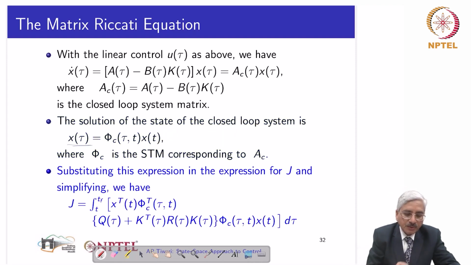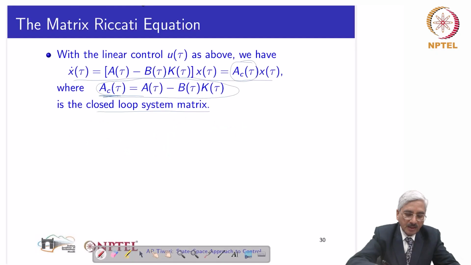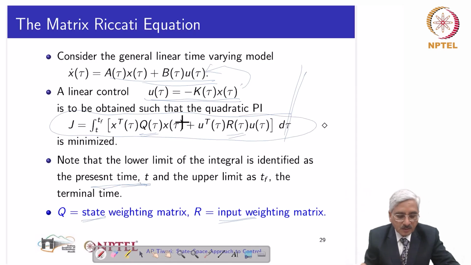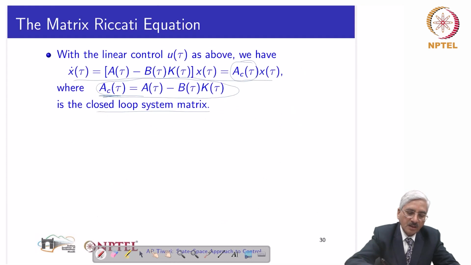This we can substitute in the expression for J, which was there previous to this. I am going back to this one. In this one, in place of x(tau) and x transpose(tau), we substitute the values in terms of phi, the state transition matrix, times x(t).